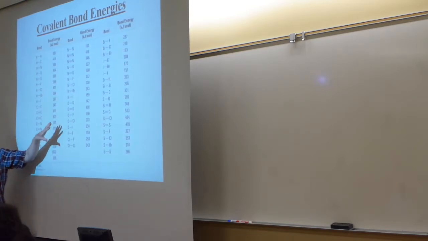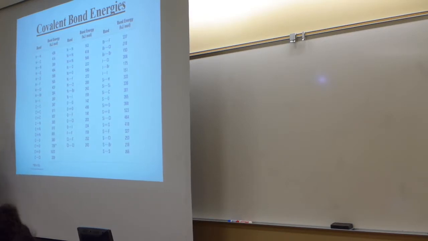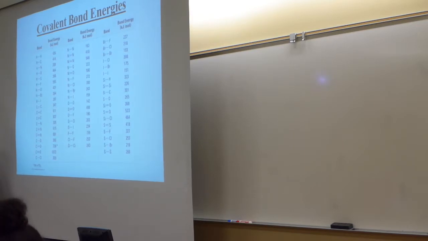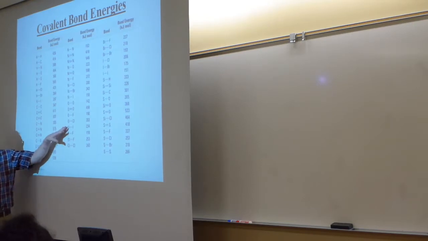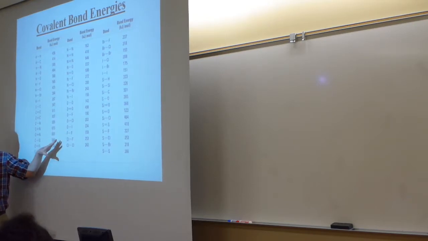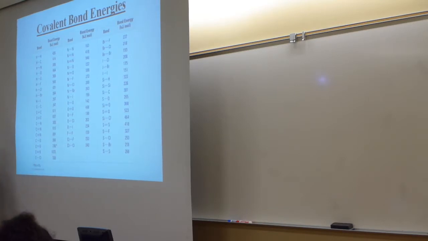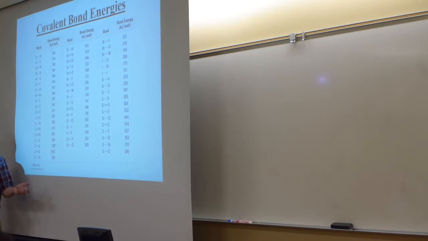So where did these bond energies come from? They've done lots and lots of studies and calculations over the years. What they've determined is that on average, these are the bond energies, but they are not specific to any one compound. Because they're not specific to any one compound, they're more of an estimate than using heats of formation. So if you had a choice between using heats of formation to calculate an enthalpy of reaction versus using bond energies, you would always want to use the enthalpies of formation because those are specific to the compounds in the chemistry.